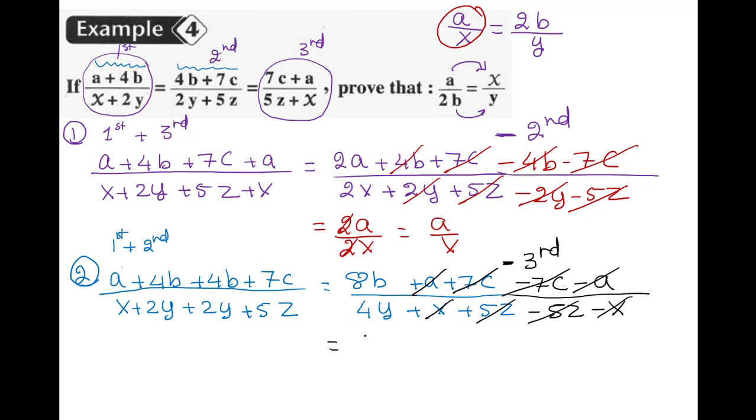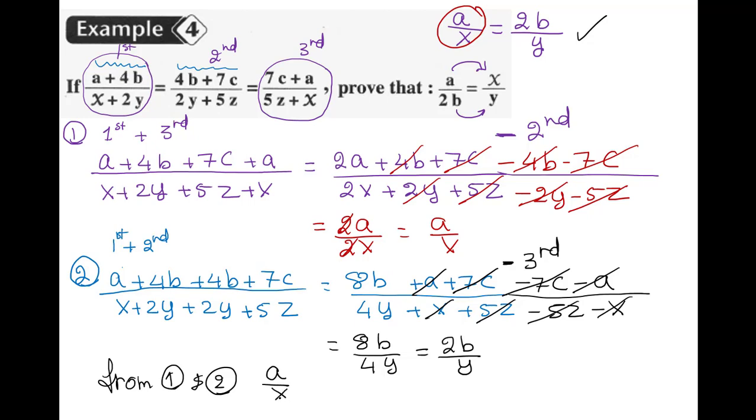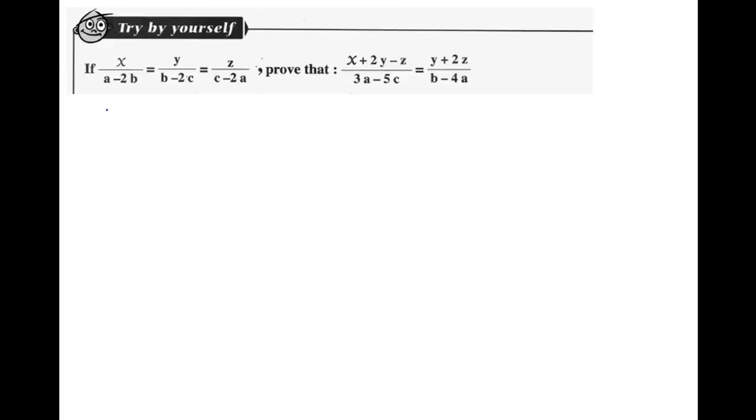And this leaves me with 8b over 4y, which simplifies to 2b over y, which is like this part. So from 1 and 2, a over x equals 2b over y. And here, he wants me to prove this.